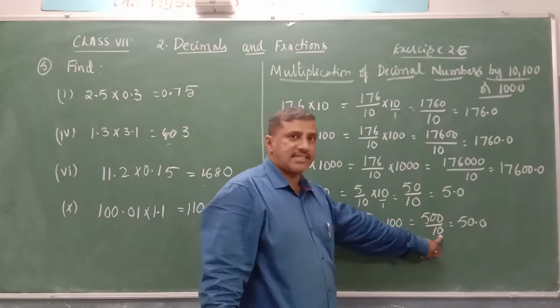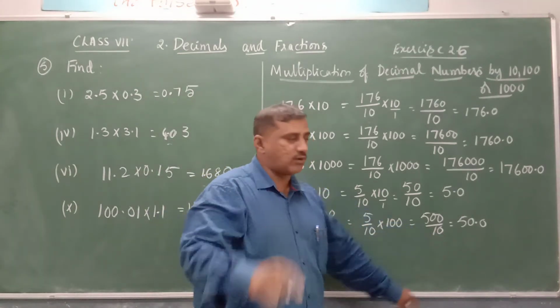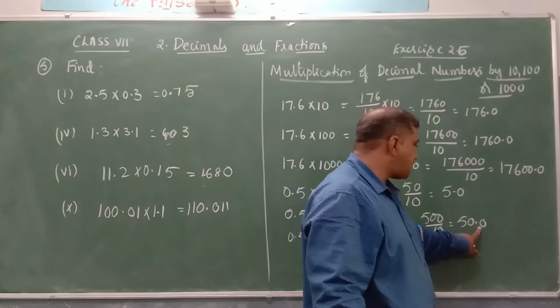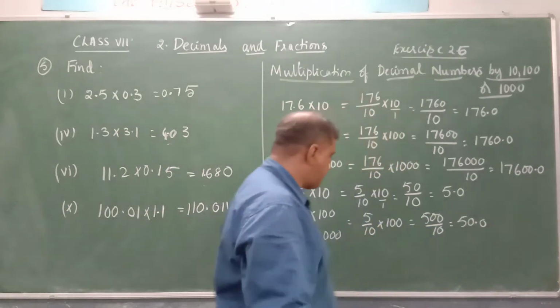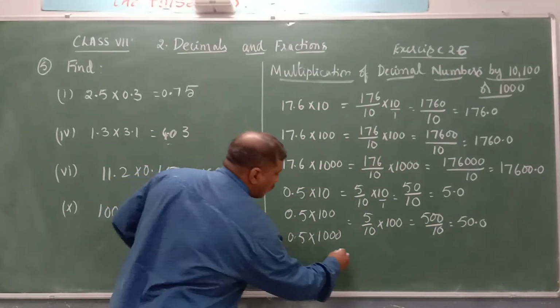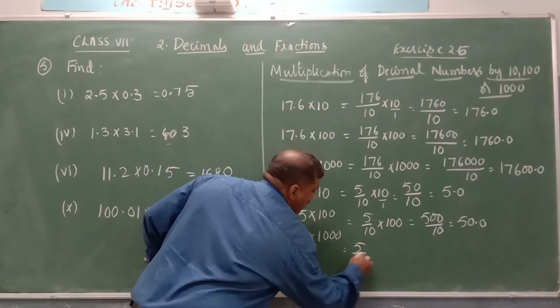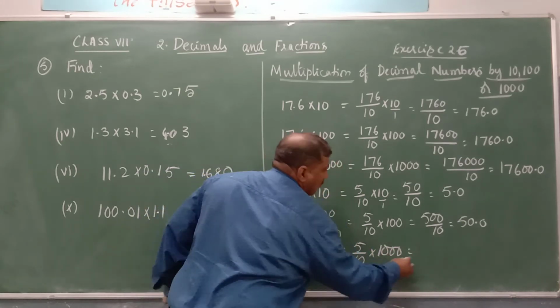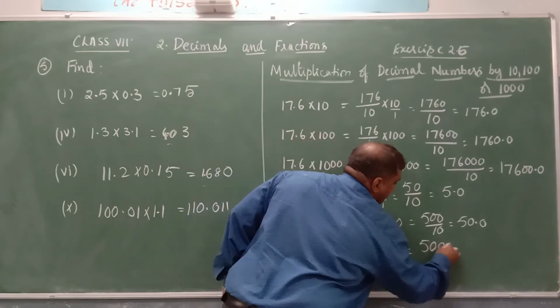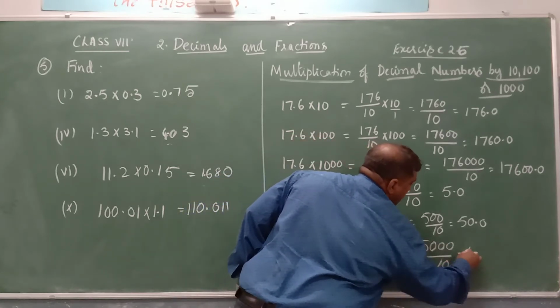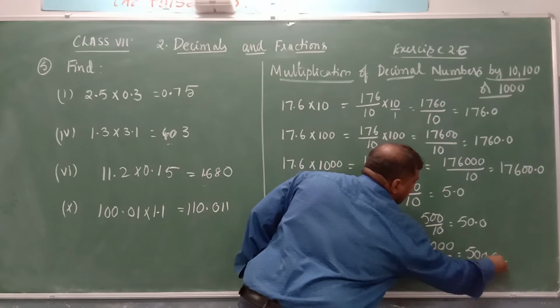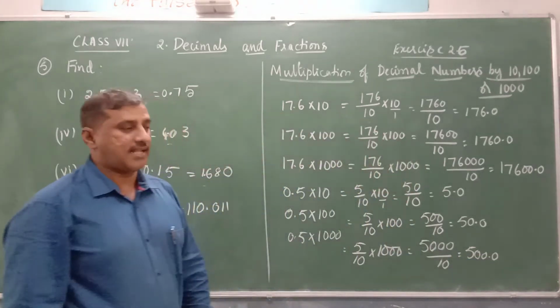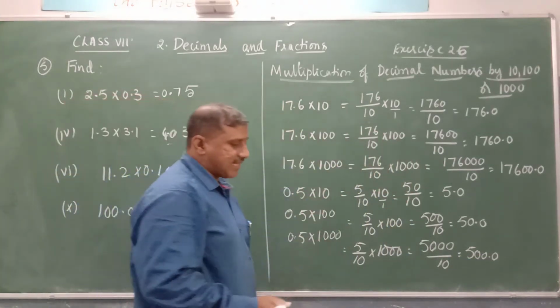As the denominator has 1 zero, the decimal point is placed after 1 digit from the right side. Now 0.5 into 1000 is 5 by 10 into 1000, which equals 5000 divided by 10, that is 500.0. Yes. What do you conclude from all these examples?